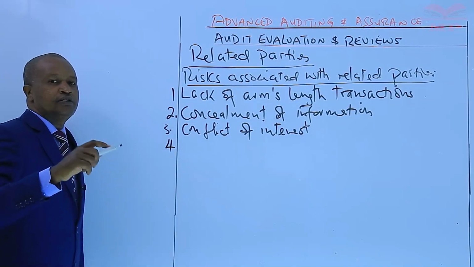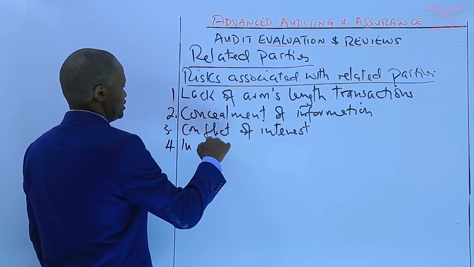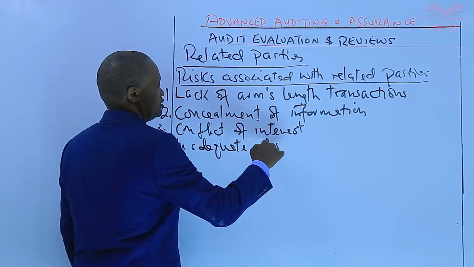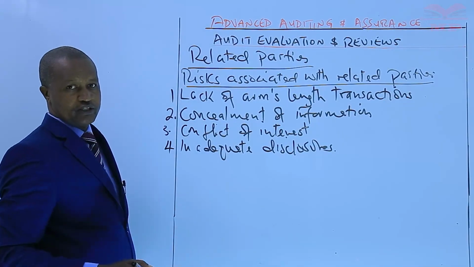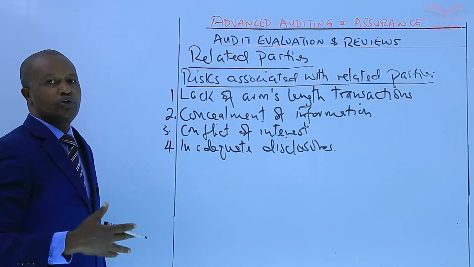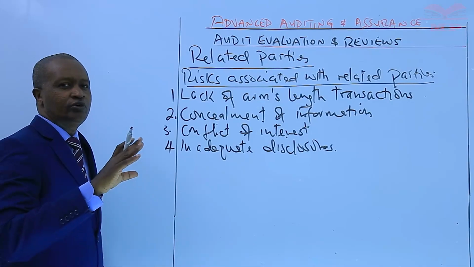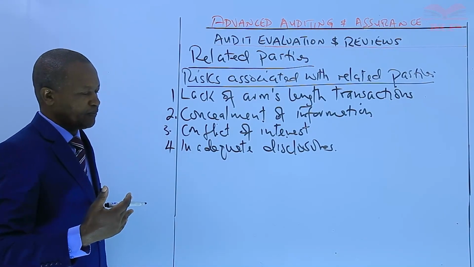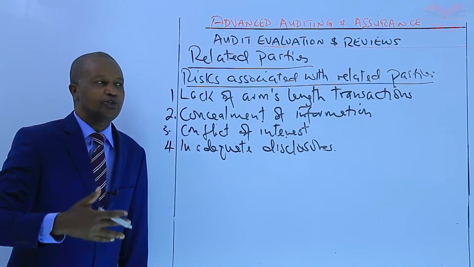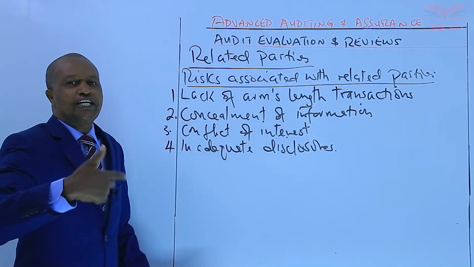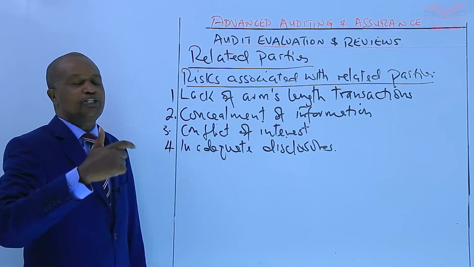Four, inadequate disclosures. Failure to disclose related party transactions and relationships, or insufficient or inadequate disclosure, can hinder users of financial statements from fully understanding the nature and potential impact of such relationships and transactions.